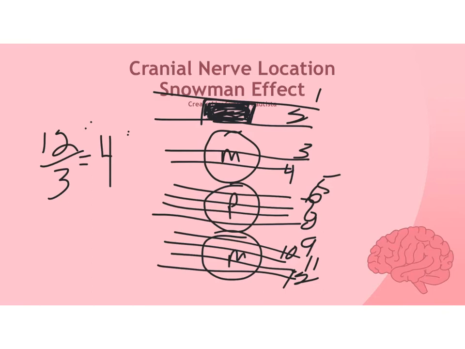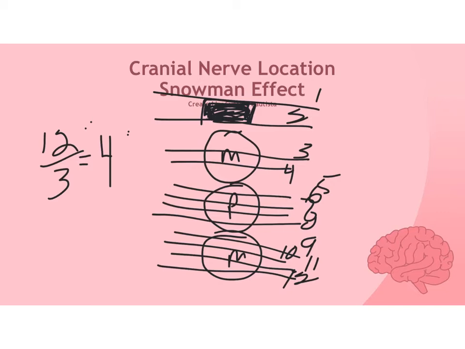So here, again, is showing you which cranial nerves are on what section of the brainstem. If you can remember 4 cranial nerves on each section, you'll be able to answer several questions, or you will know what to assess.